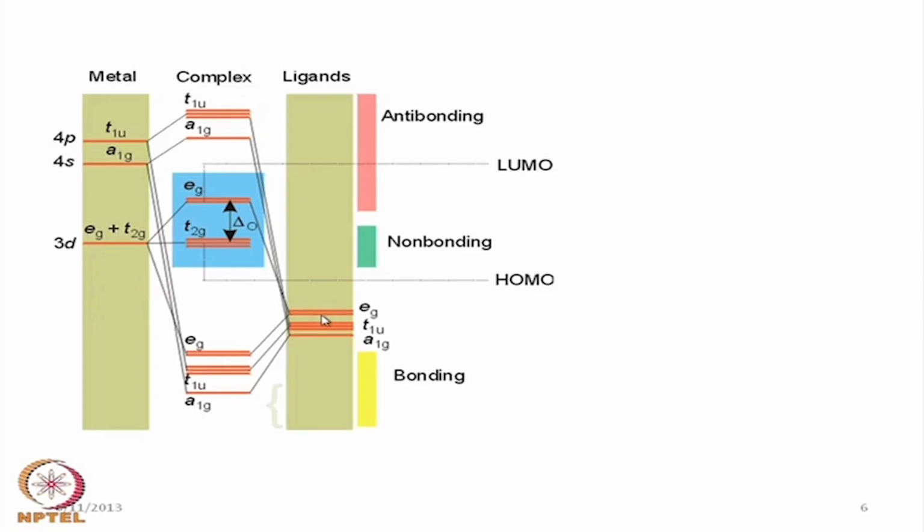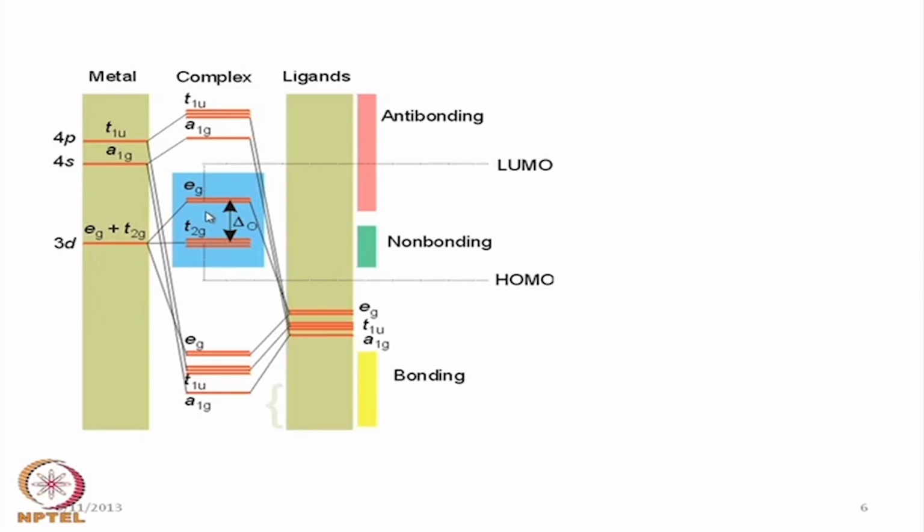That means the metal-ligand overlap from the EG orbitals of the ligand side does control this particular energy gap. It is not the entire crystal field that is responsible, we are talking in terms of some interaction from the ligands which are giving our strong interaction.